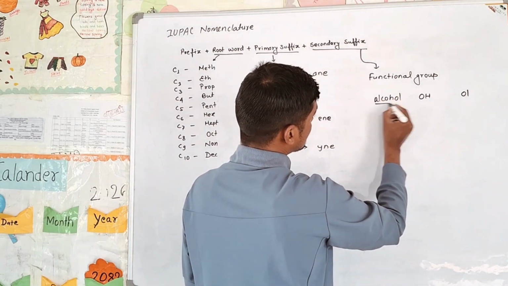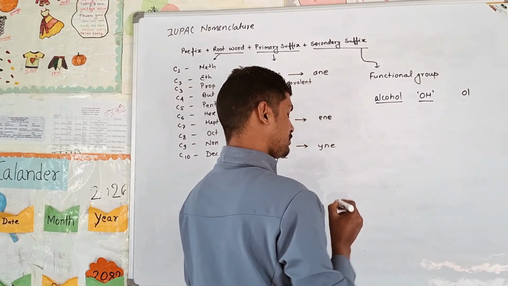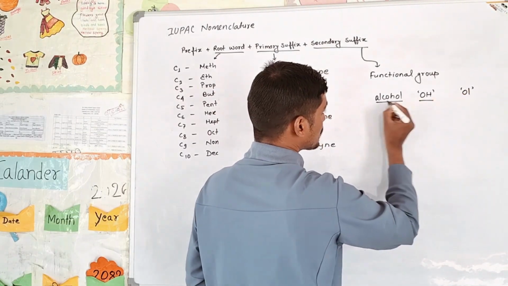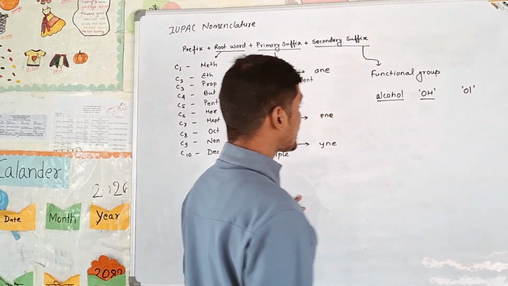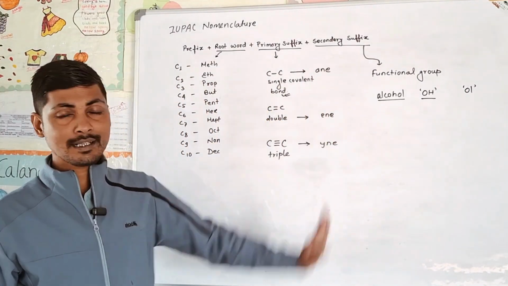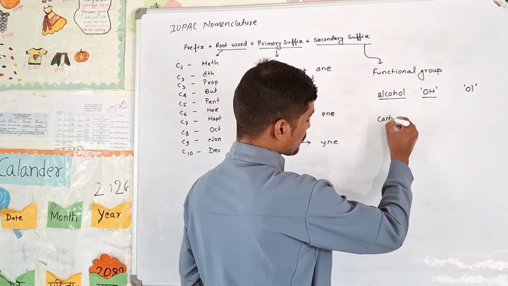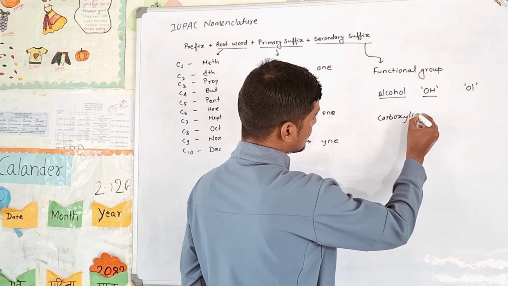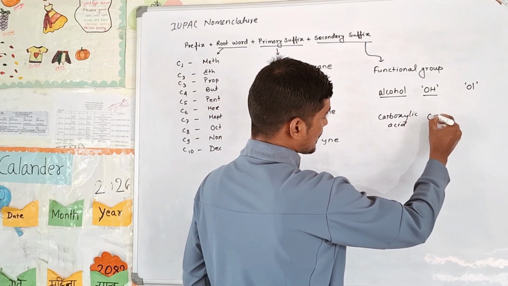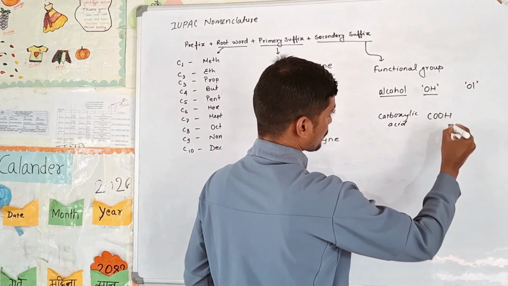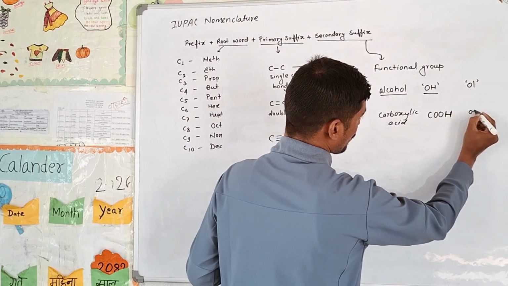This OH, or hydroxyl, is used for the alcohol functional group, and the secondary suffix in that case is ol. If there is a carboxylic acid, the formula of carboxylic acid is COOH. And for the carboxylic acid, we use the suffix oic acid.